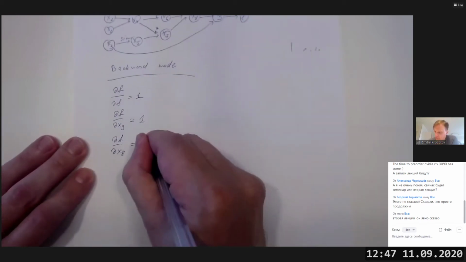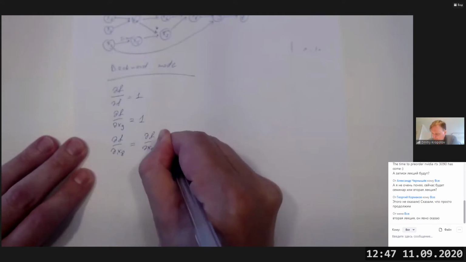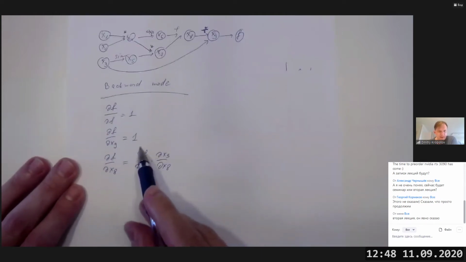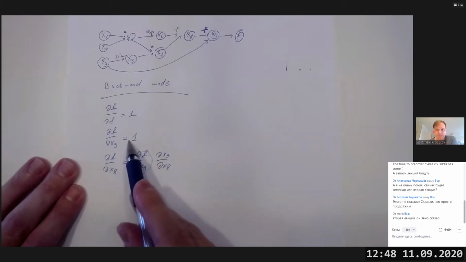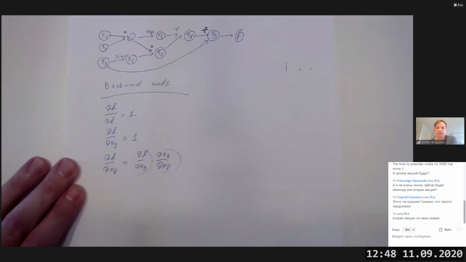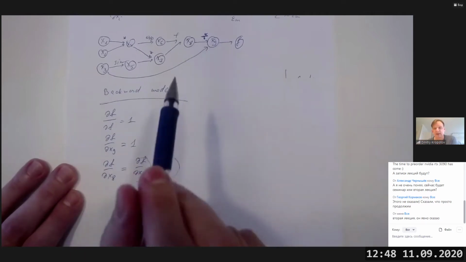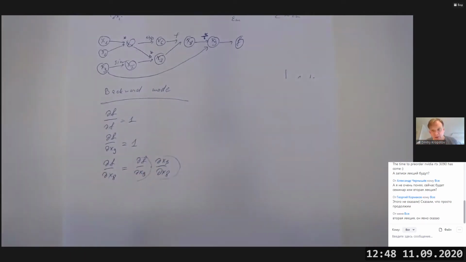So we just write it down this way. This derivative comes from the previous step, and this derivative can be calculated directly because x9 and x8 are connected with h.